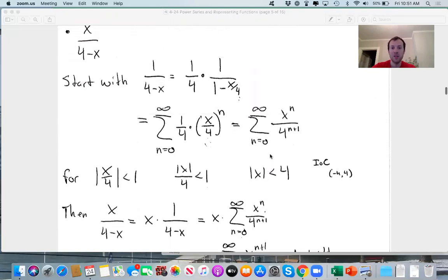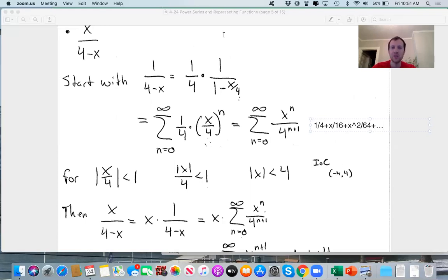which means if you write this out, what these look like, this is x over 4 plus x squared over 16 plus x cubed over 64. So the powers of 4 keep increasing on the bottom. We have 1 extra x on the top each time.